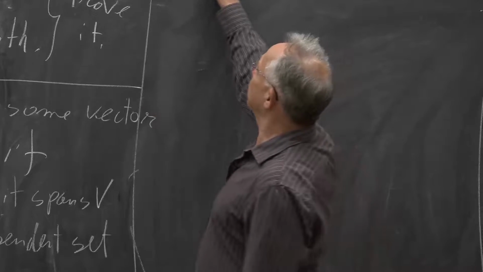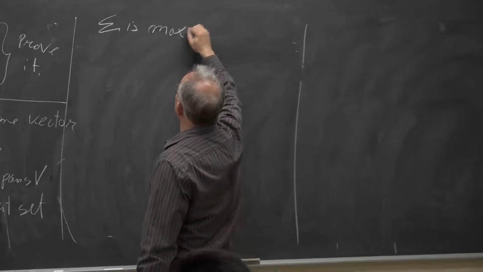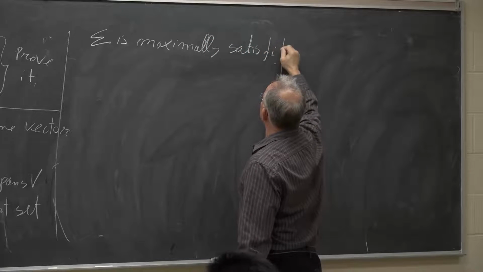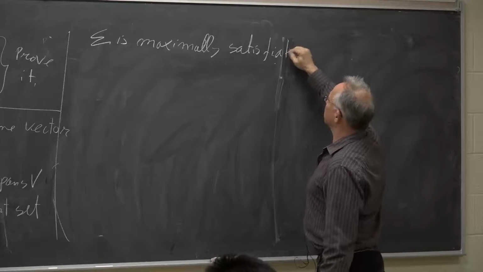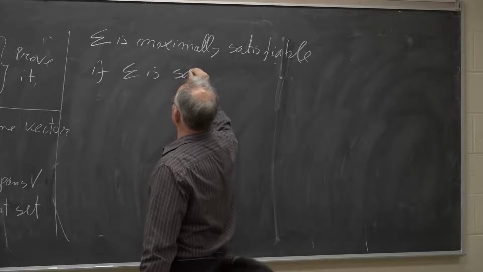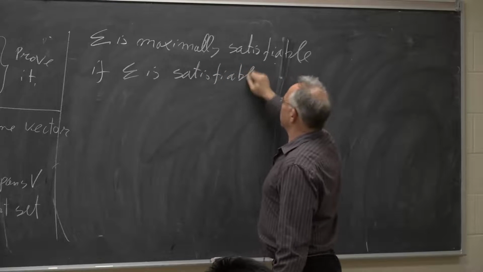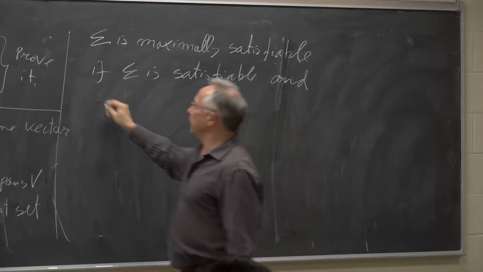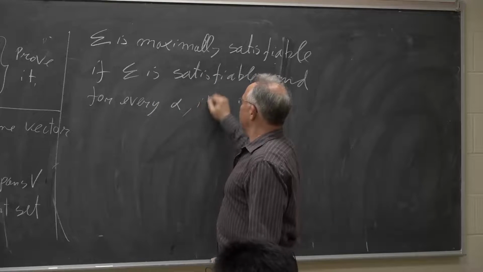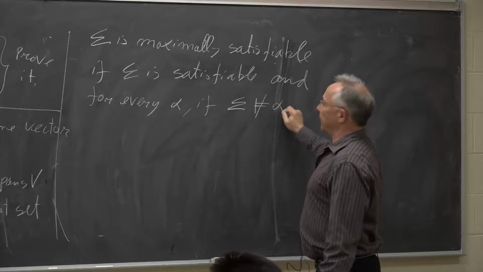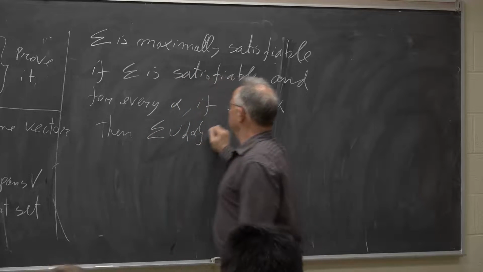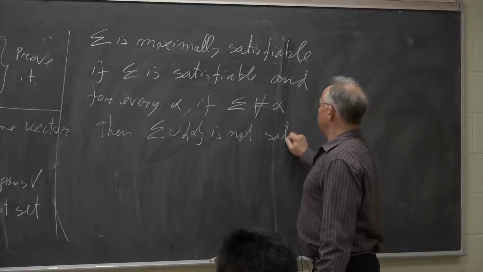Let us say that sigma is maximally satisfiable if sigma is satisfiable and for every alpha, if sigma does not logically imply alpha, then sigma union alpha is not satisfiable.